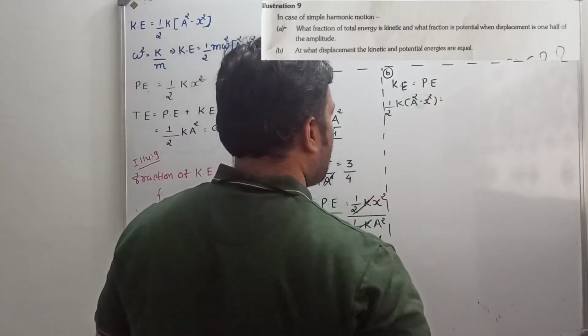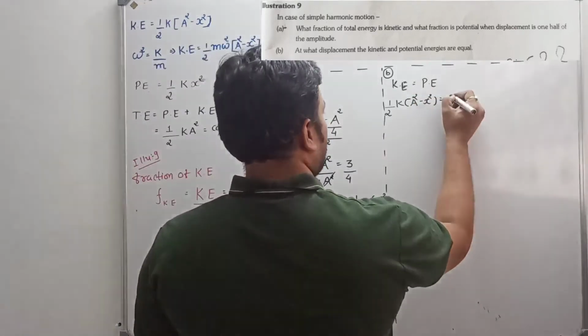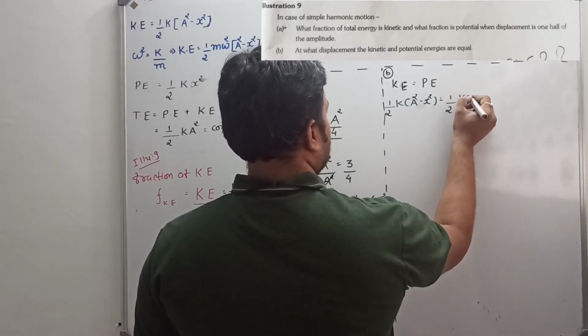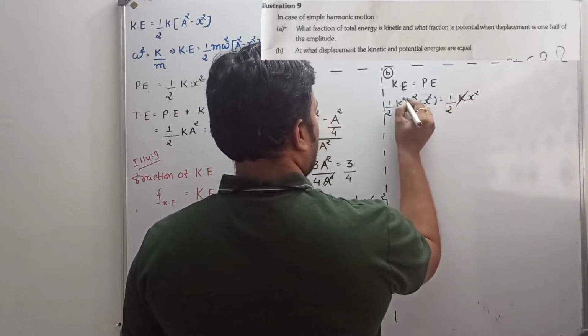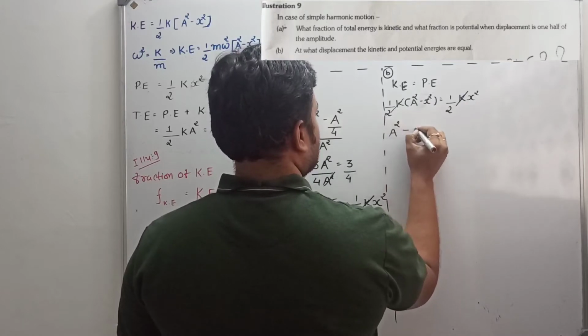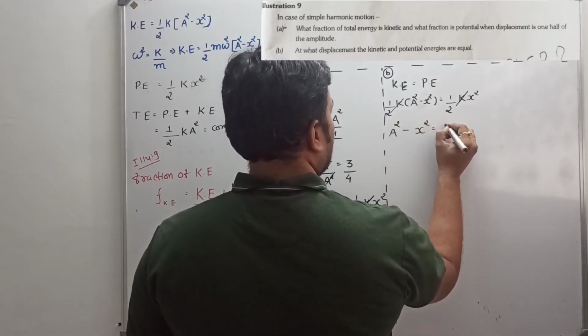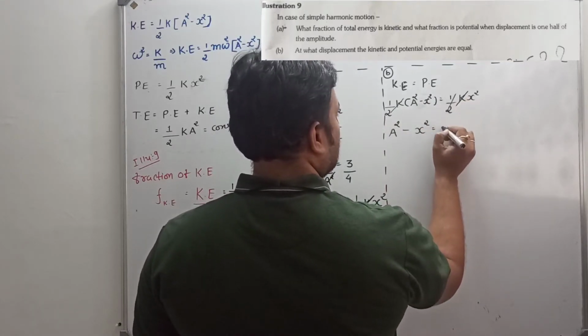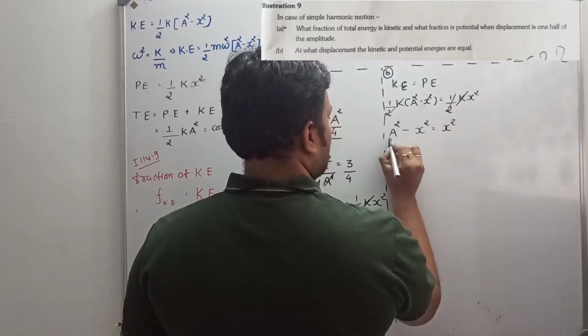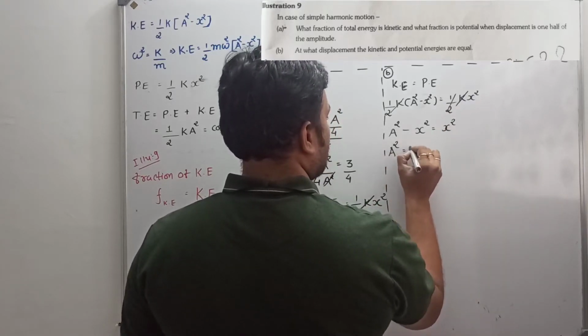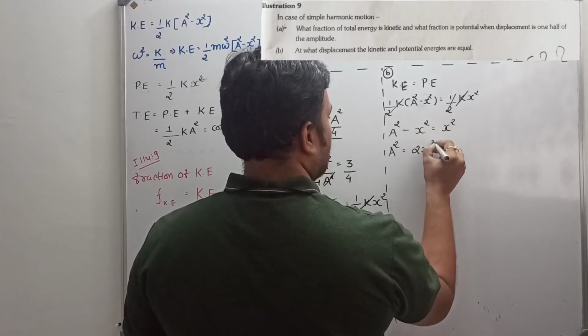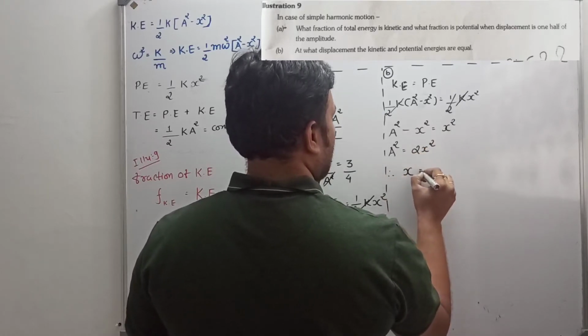What is the formula of potential energy? This is 1/2 k x square. Okay, so 1/2 cancels, a square minus x square is equal to x square. So a square is equal to 2 x square and x is equal to a upon under root 2.